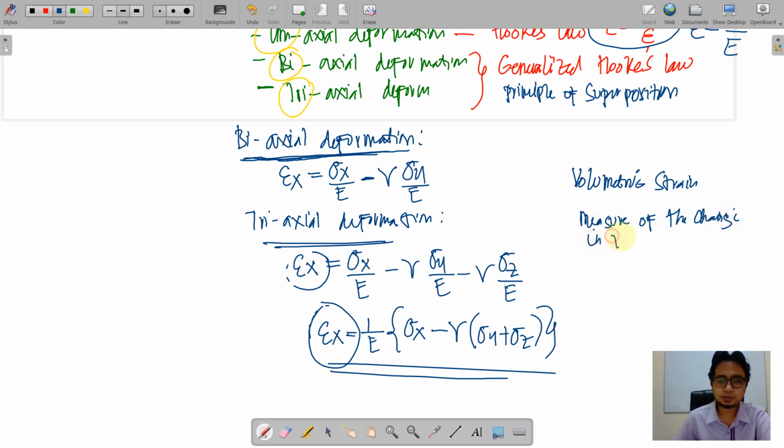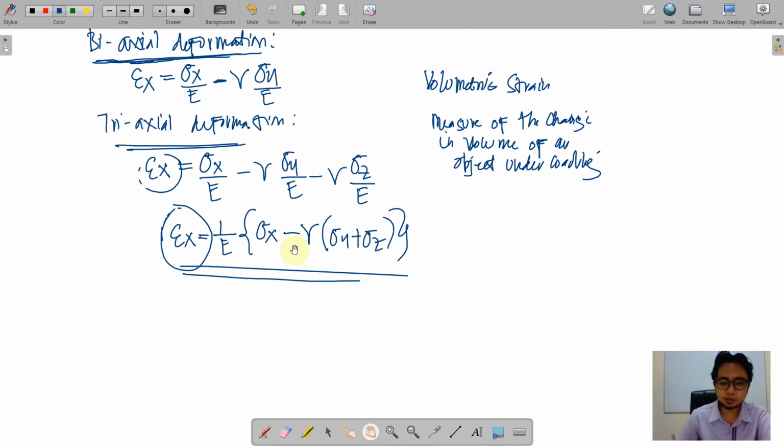It is expressed, of course, simply as a proportion. So ilan ba yung delta or change in volume all over the volume? So this is the volumetric strain.